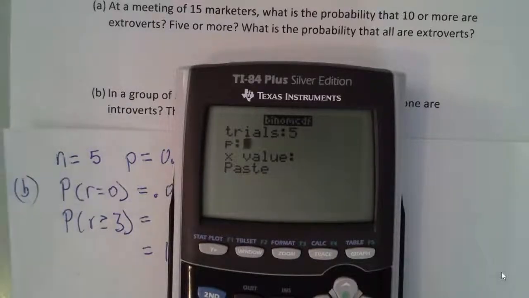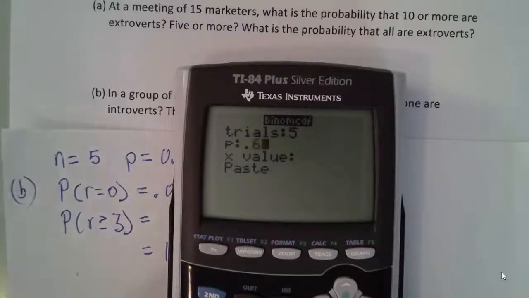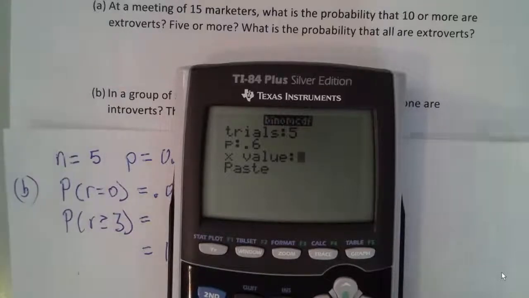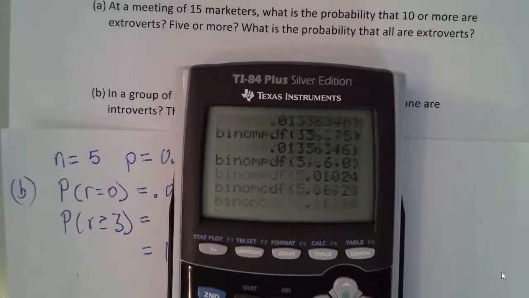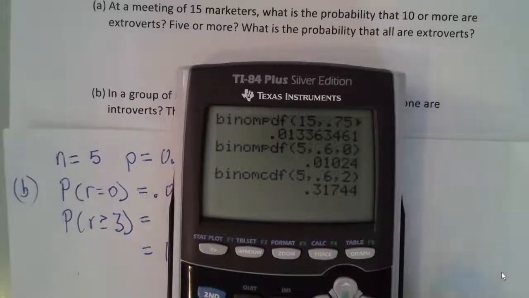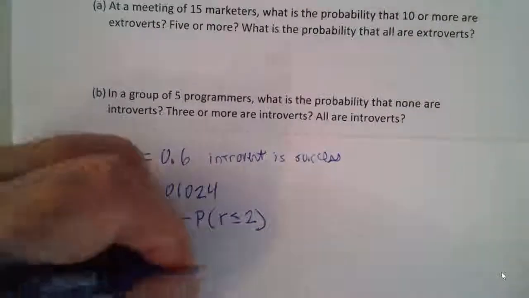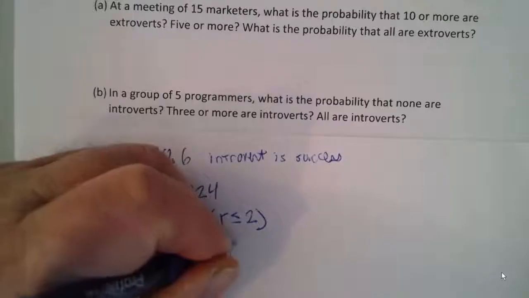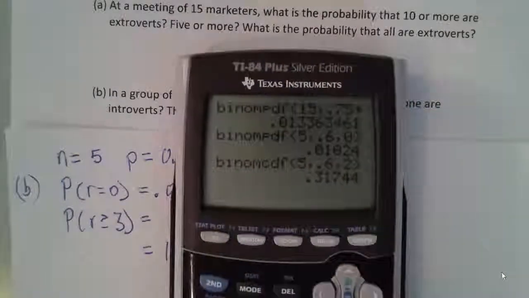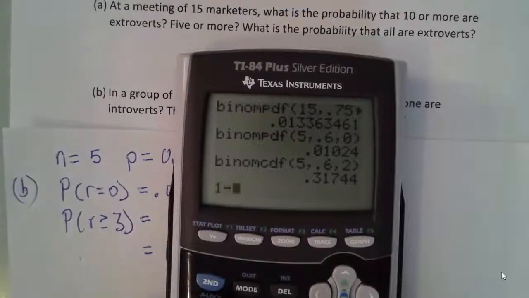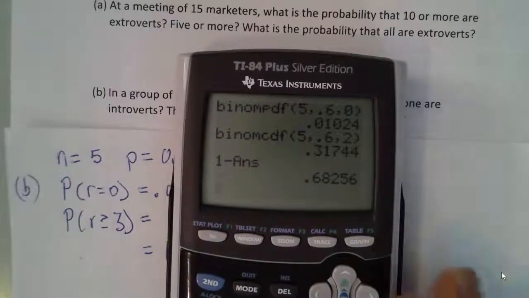The probability of success is 0.6. We are interested in the case of 2 or fewer successes. So or fewer means we're going to use the CDF rather than the PDF. So 0.31744. And when that is subtracted from 1, I have 0.68256.